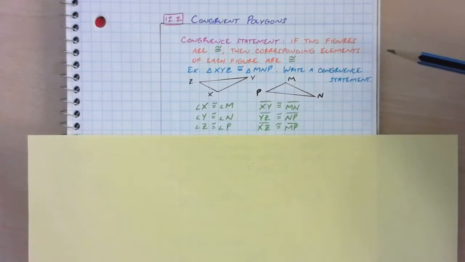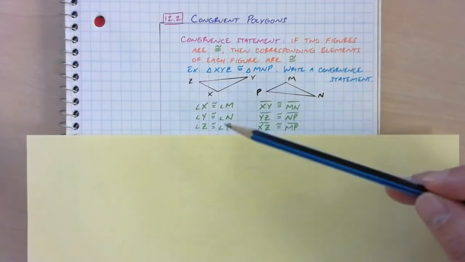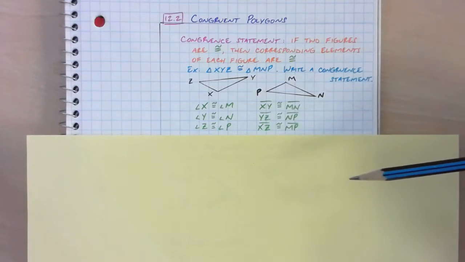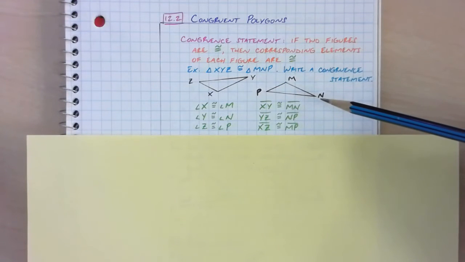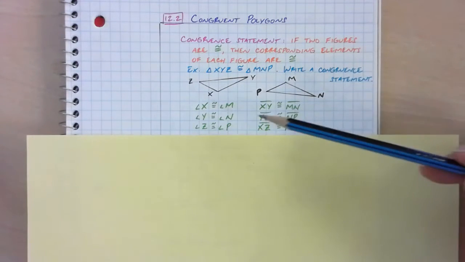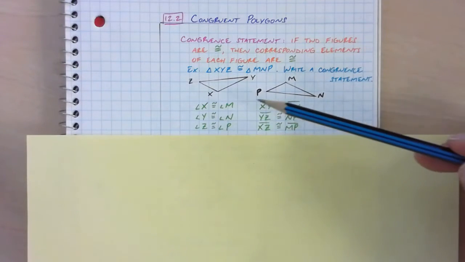So in one of the simplest two-dimensional figures to draw, a triangle, this is all the information that can be gathered by saying that two triangles are congruent. So for instance, in this example, if triangle XYZ is congruent to triangle MNP, these are all the corresponding pieces that must be congruent to each other.